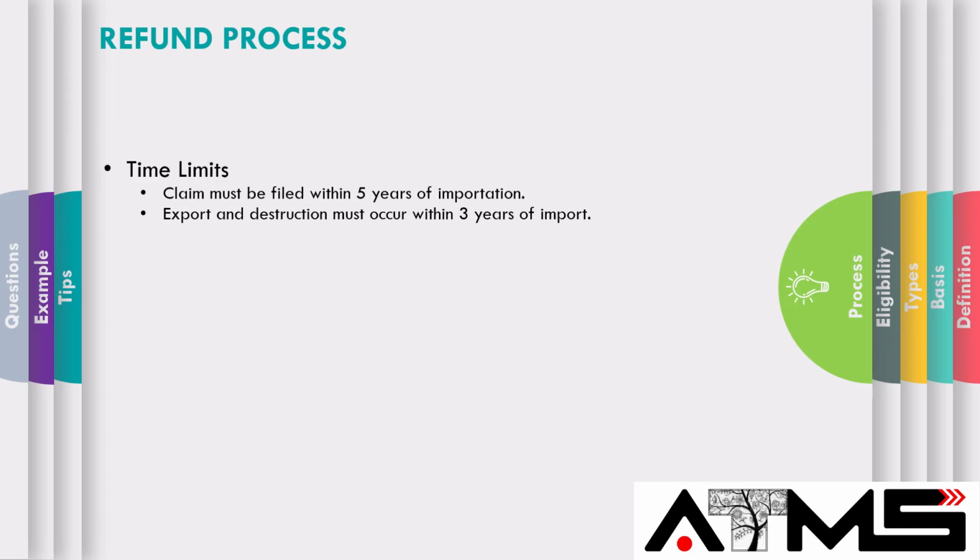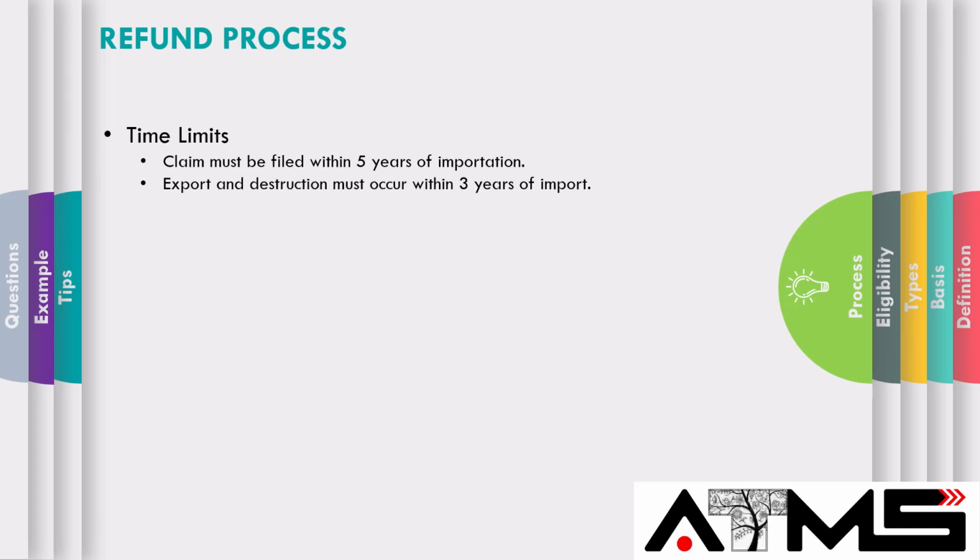It is very important to note the specific time limit for filing a duty drawback. The claim must be filed within 5 years of the date of importation. The exportation or destruction must occur within 3 years of importation.